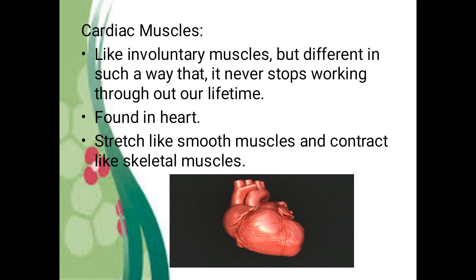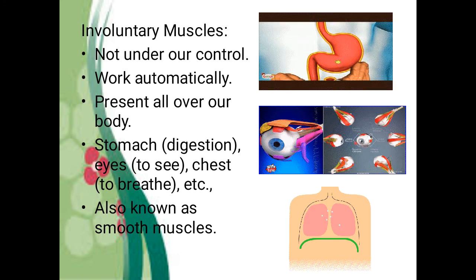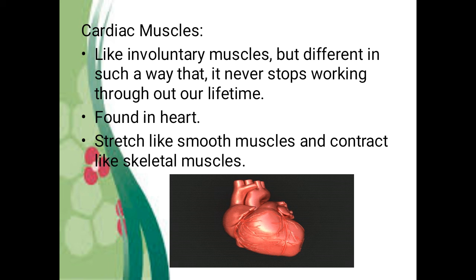Cardiac muscles are present around the heart and work for 24 hours. The involuntary muscles are termed smooth muscles. The voluntary muscles are termed skeletal muscles. Likewise, the cardiac muscles perform the functions of both smooth and skeletal muscles.